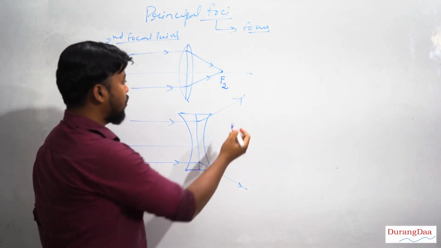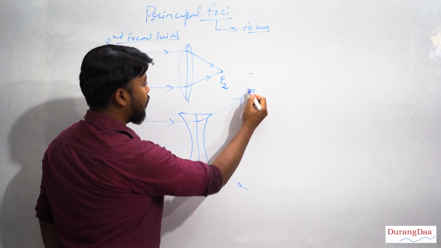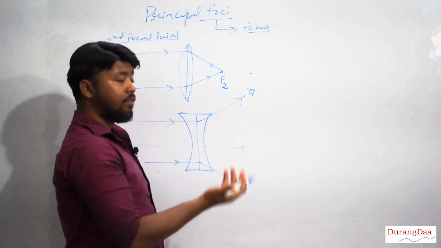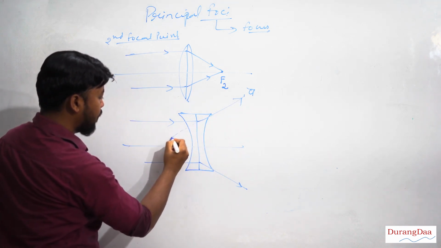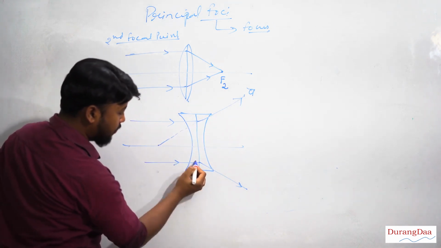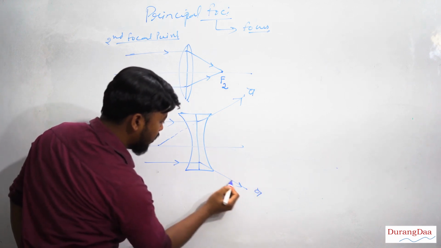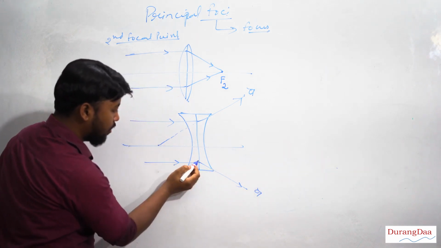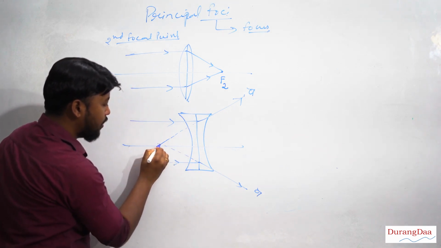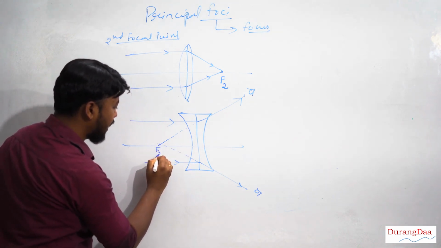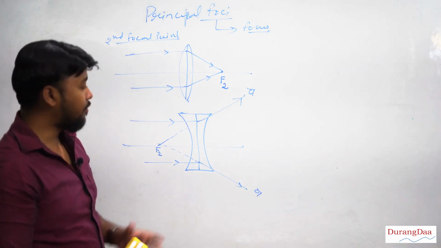But if you are looking at this ray from this point, you will feel an illusion that this ray is actually coming from somewhere here. And for this light ray also, if you look from here, the illusion will be that this light ray is actually coming from this point. This point over here will be your second focal point for a concave lens.